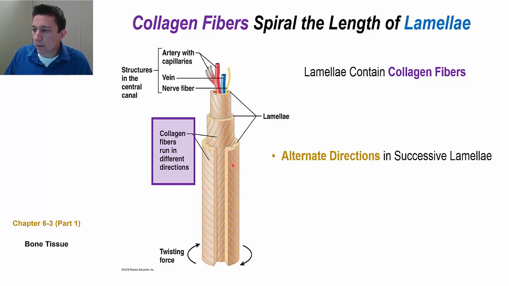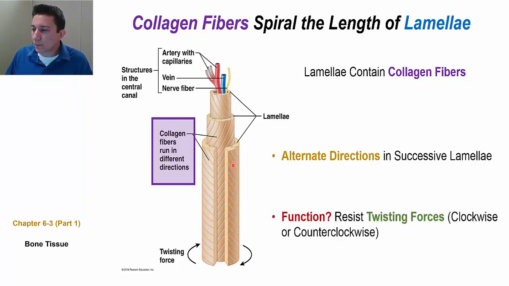And the reason they're spiraled in alternating directions in different lamellae is that it helps the lamellae resist twisting forces. You can twist a bone in a clockwise or counterclockwise direction, and so alternating fiber direction allows them to resist twisting forces no matter what direction they come from.